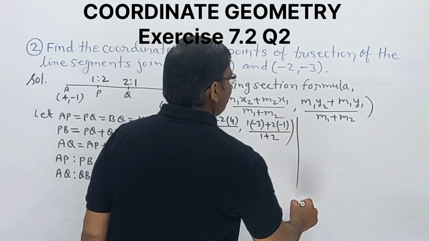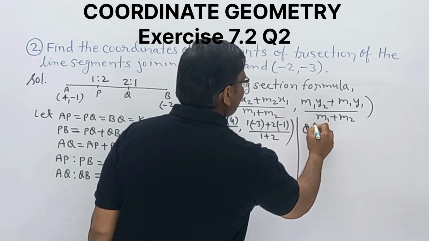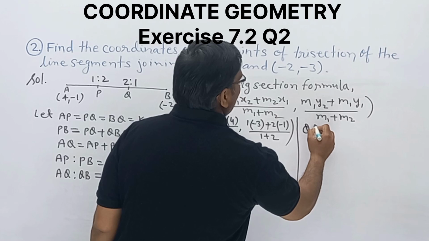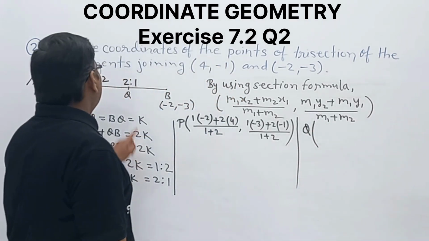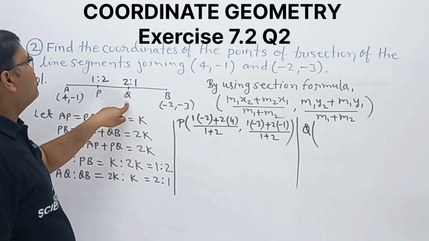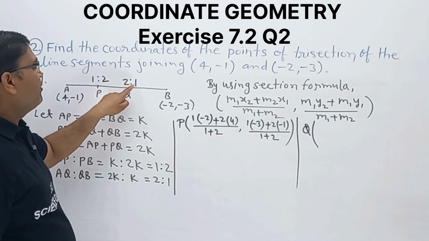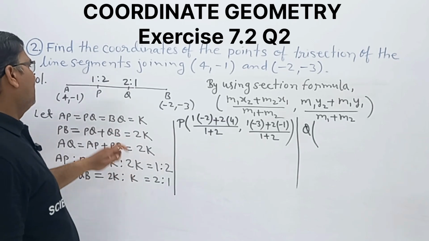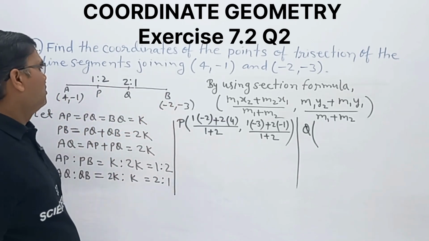Same formula we will use for point Q. So the coordinates of Q will be: observe this one. Its ratio is 2:1, so the m1 value will be 2 and the m2 value will be 1. This one will be x1, y1 and this one x2, y2.